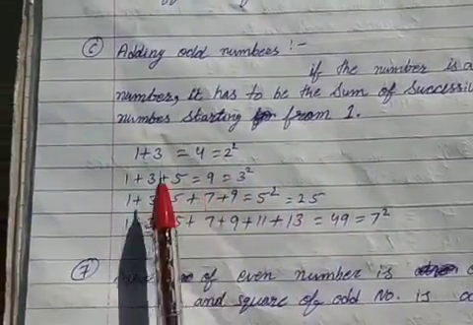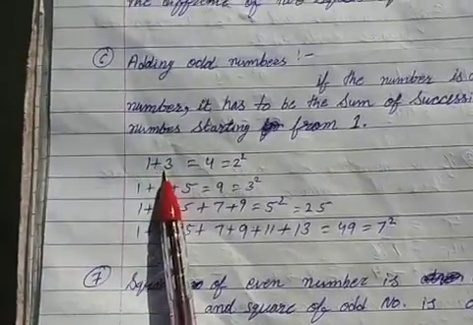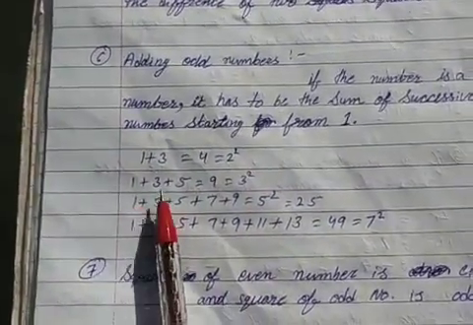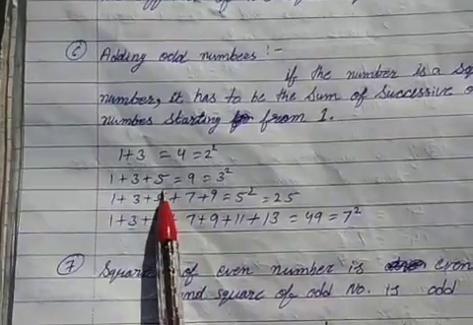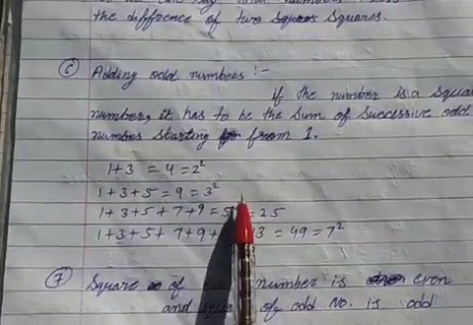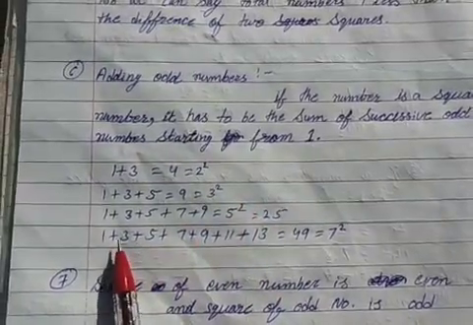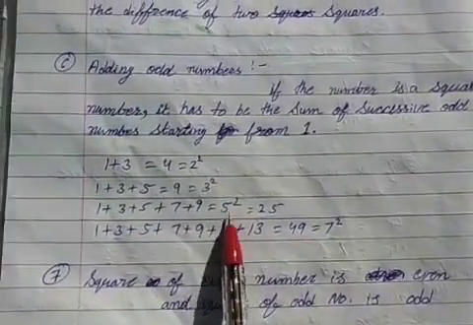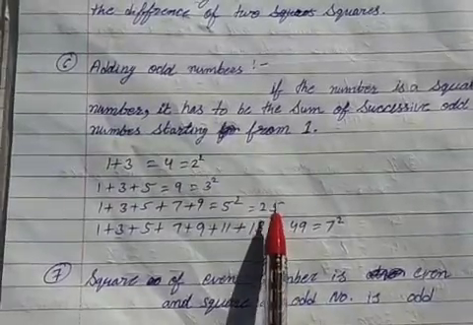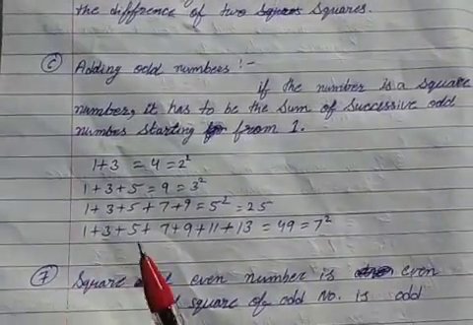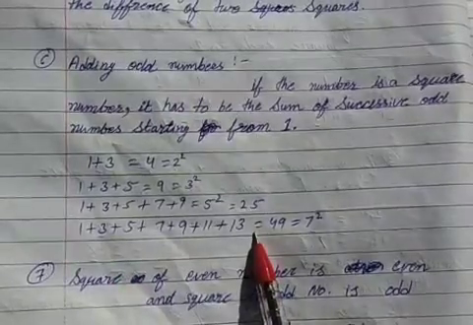Like 1 plus 3, the total is 4, which is the square of 2. 1 plus 3 plus 5, these are 3 numbers, and the sum is 9, the square of 3. If we add 5 numbers, 1, 3, 5, 7, 9, it is the square of 5, and the total sum is 25. So from this property we can calculate the sum of odd numbers.